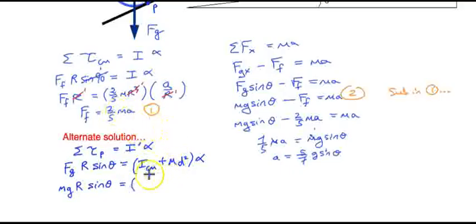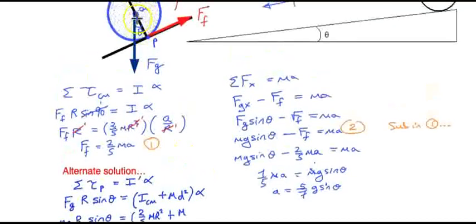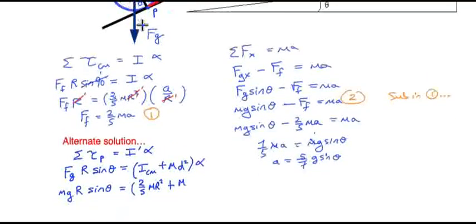Now the I for the center of mass is what we had earlier. It would be 2/5 mr squared plus the mass of the bowling ball times the distance that it's away, and that's just r away. So it's really just adding r squared here, times alpha, by the way, which is a over r.